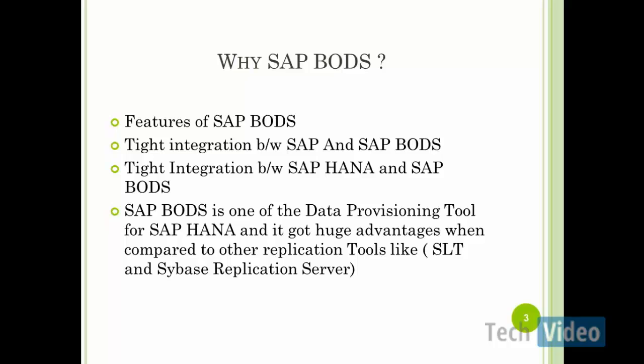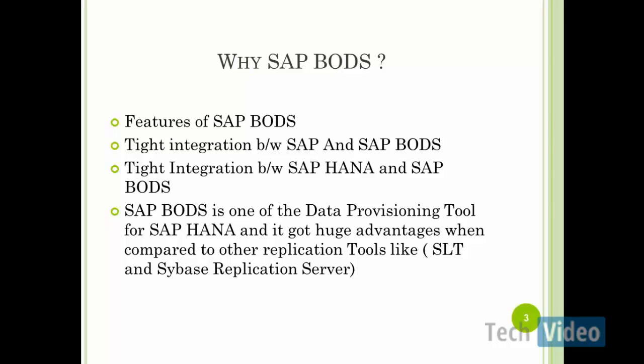SAP BODS can talk to any ERP system, any application, any RDBMS system, any file without any problem, and it can talk to anything easily. That is one of the edges we have with SAP BODS.